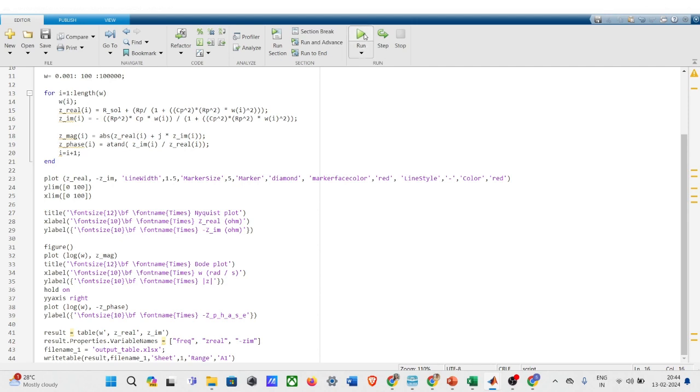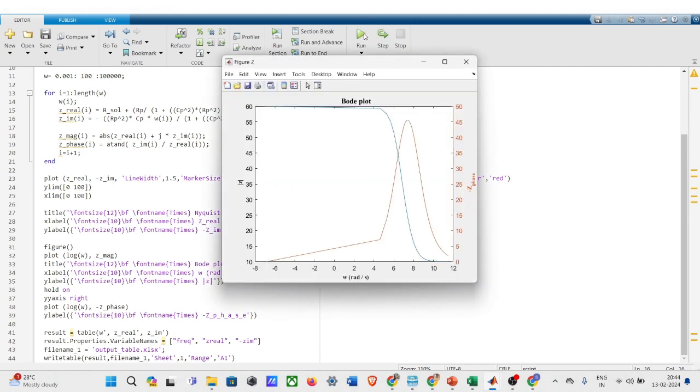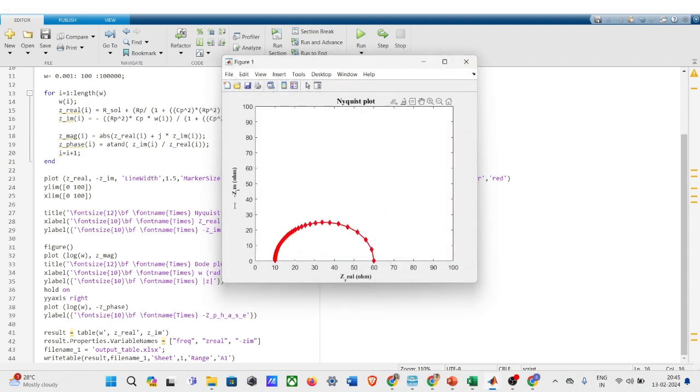If I run the code, I'll get a Bode plot. Here I have actually plotted it wrongly; you should plot it with respect to frequency. Then again z imaginary versus z real gives a curve. So it's simple.